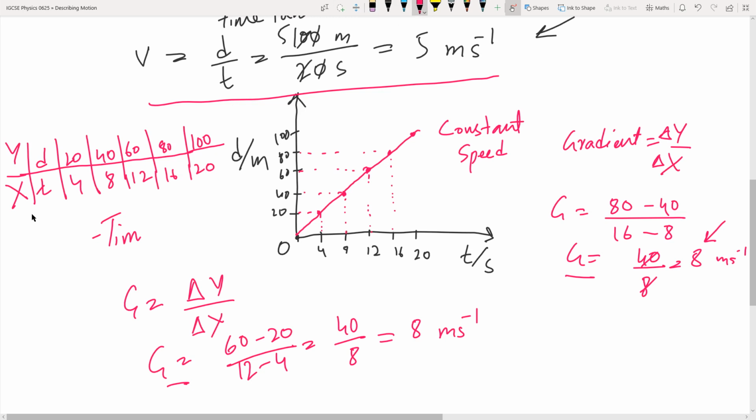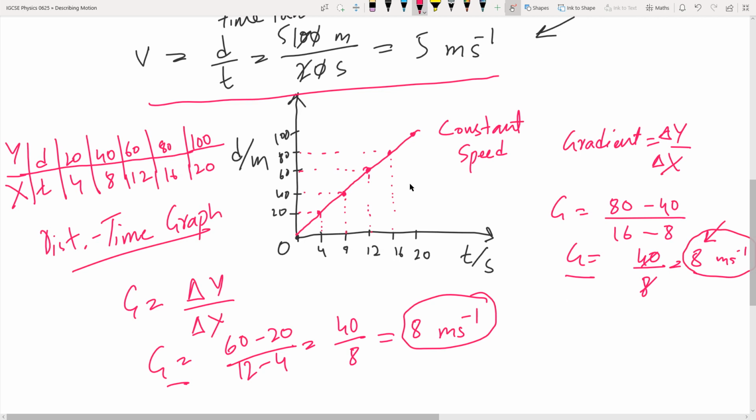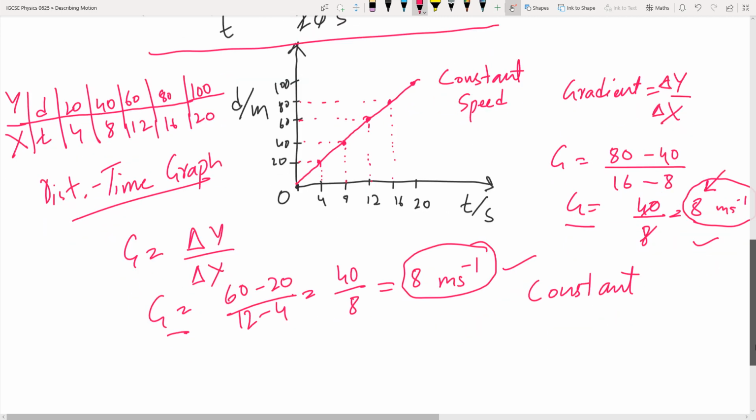The gradient of the distance time graph refers to the speed at which the vehicle is going. If you take several points and compare the values, and the gradient is not changing, then we call this constant speed. Now this is for a constant speed.